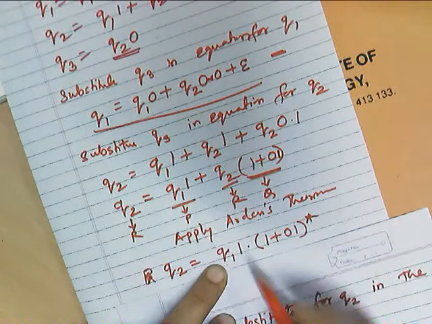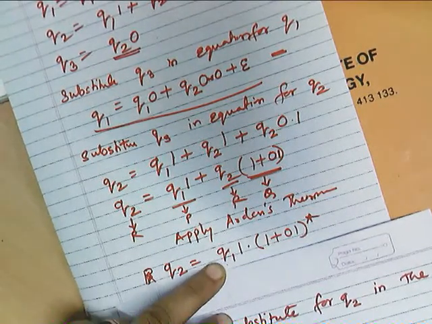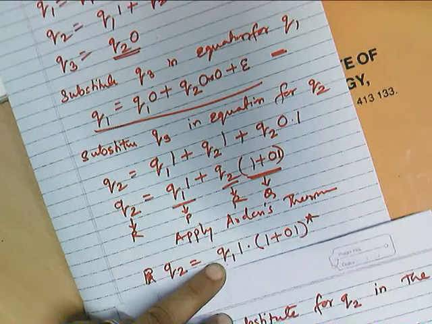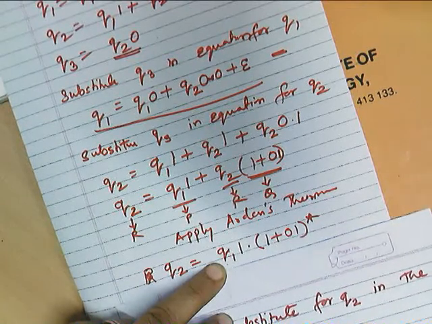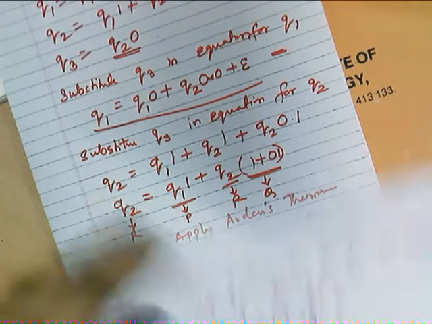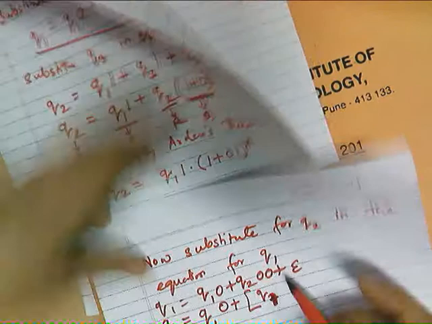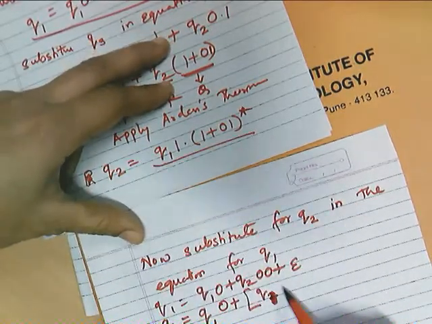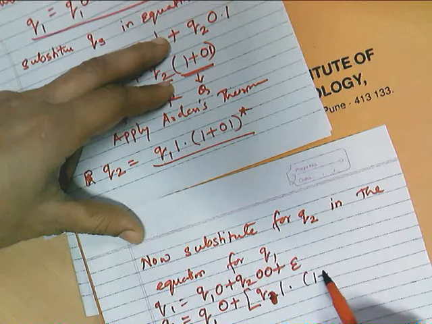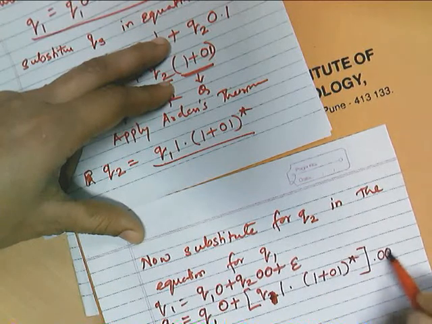So Q2 will be replaced by Q1. See, let me write otherwise. Q1 is equal to Q1 0 plus Q2 0 0 plus empty. It was our equation. I am replacing this Q2. Okay, so after replacing Q2 by this expression, we will get Q1 1 dot 1 plus 0 1 whole star dot 0 0 plus empty.